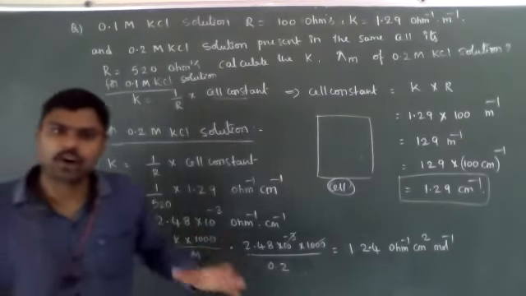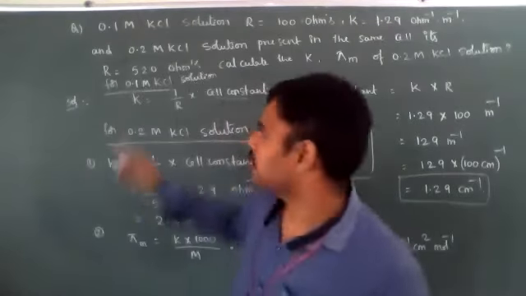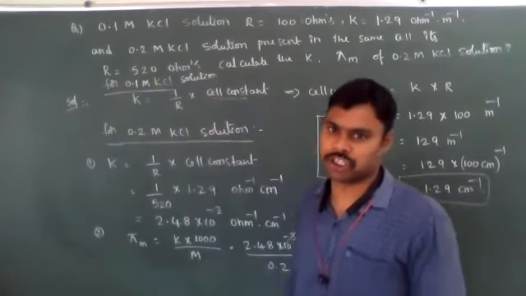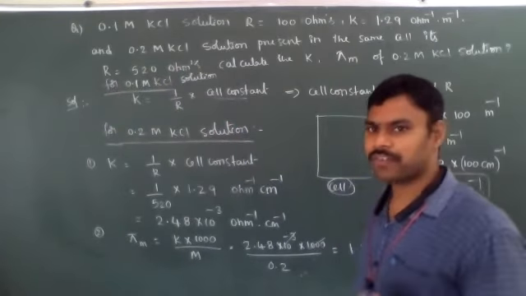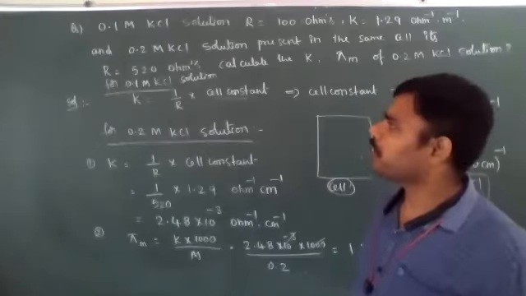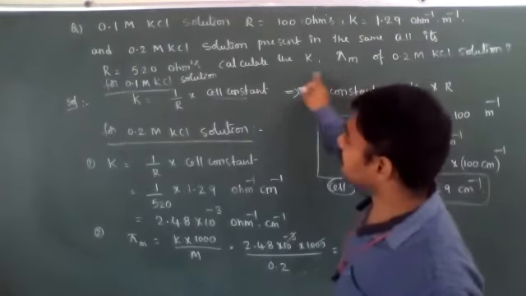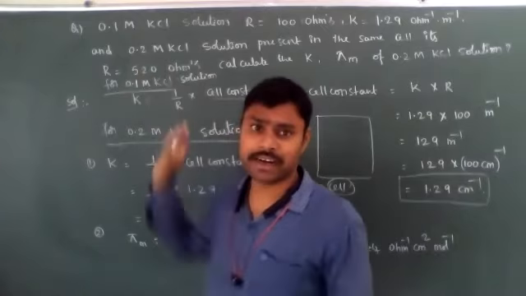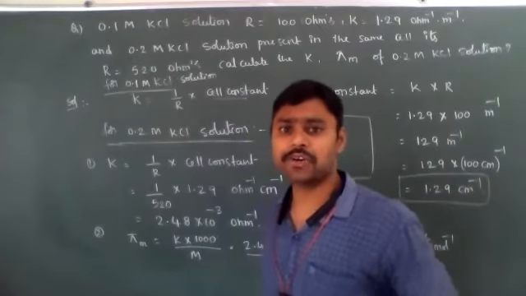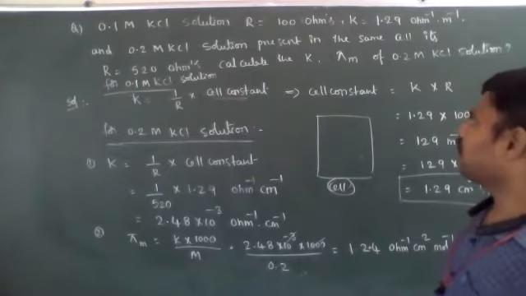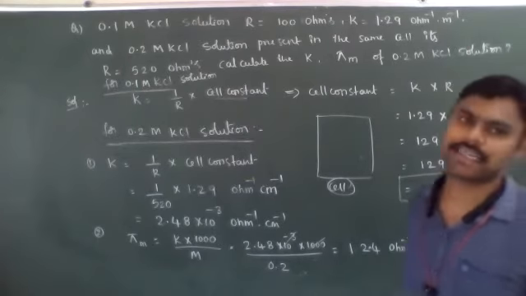So the cell constant is the same for either 0.1 molar KCl solution or 0.2 molar KCl solution. Now for the 0.2 molar KCl solution, the resistance of the cell is 520 ohms, and we need to calculate the specific conductance and molar conductance of 0.2 molar KCl solution.